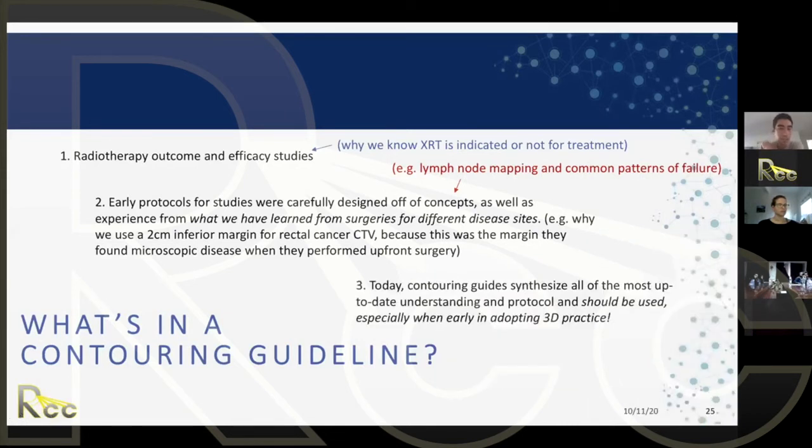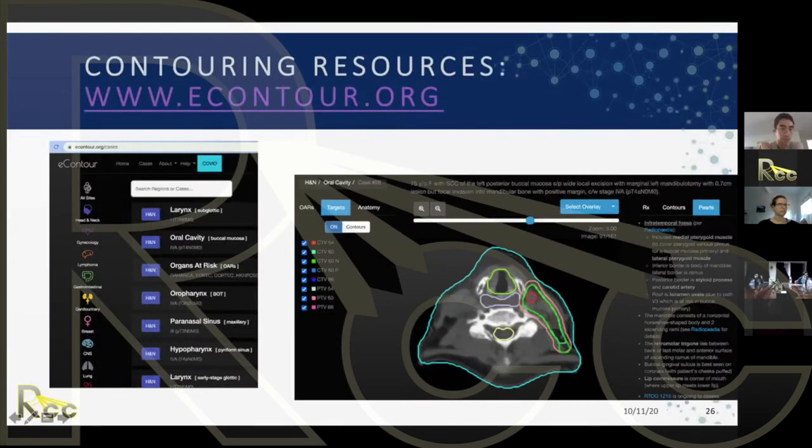Today, contouring guidelines synthesize all of the most up-to-date understanding and protocols. And I think that these contouring guidelines should be used, especially when we're starting our 3D practice. Like I said, you want to start with your best foot forward and always practice the best habits from the beginning.